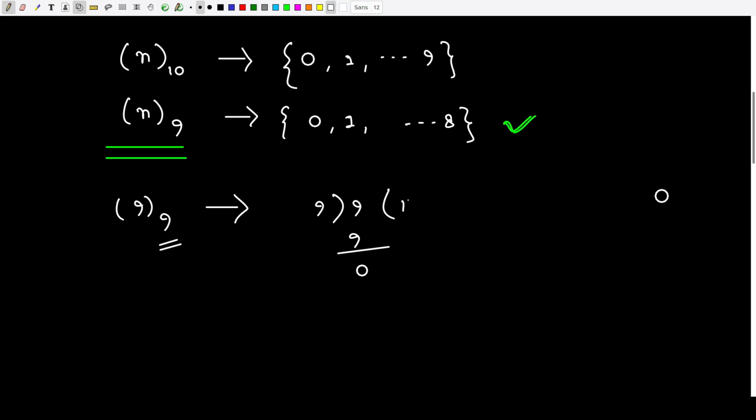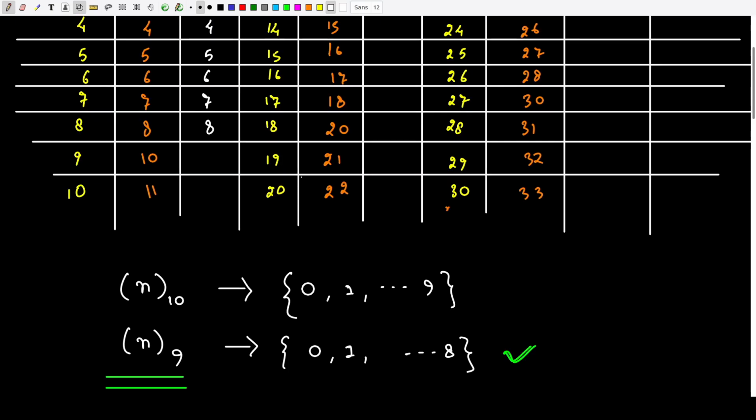Then the quotient, which is 1, has to be again divided by 9. And this time the quotient will be 0 and the remainder will be 1. And once we obtain quotient as 0, we stop this operation. So over here, the remainder is 1 and that will come over here. In this way, 9 will be represented in this form, so this number will become equal to 10.